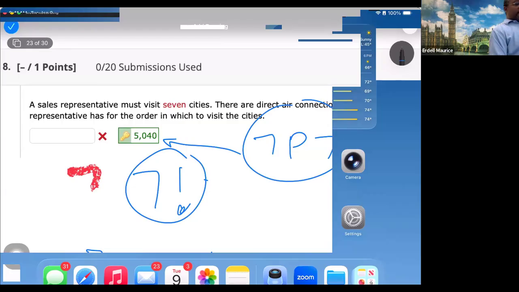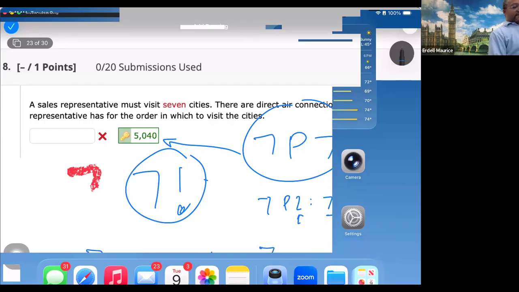So let me write it out this way. If I ask you to find 7P2, this would mean 7 times 6, right? Two numbers. Then 7 minus 7 factorial, 0 factorial is equal to 1. 7P2 means I'm using a list of two numbers, so that's 7 times 6.